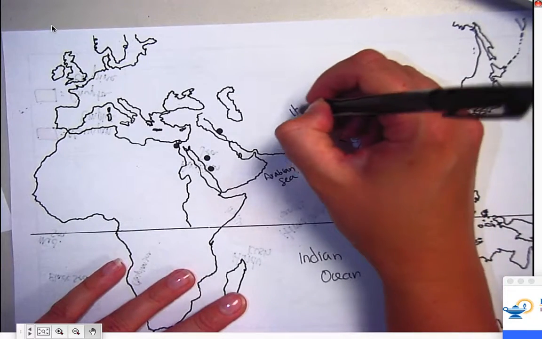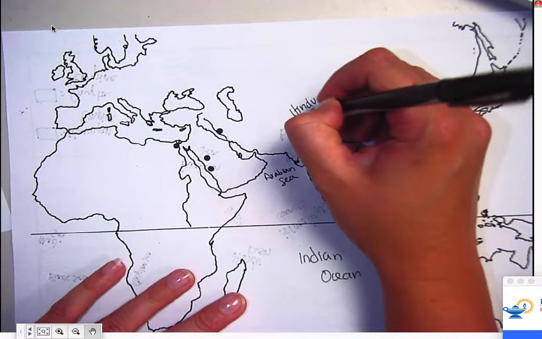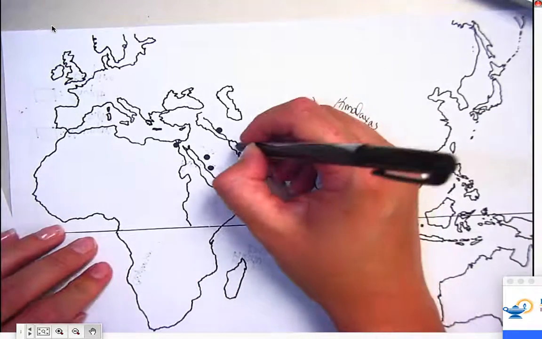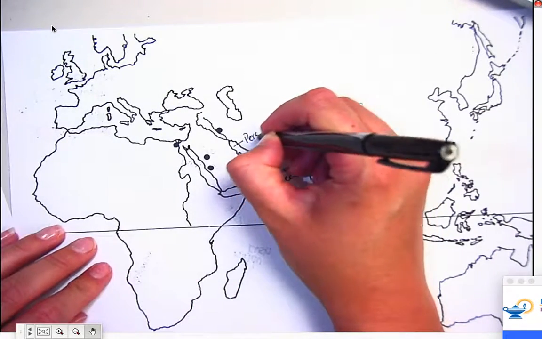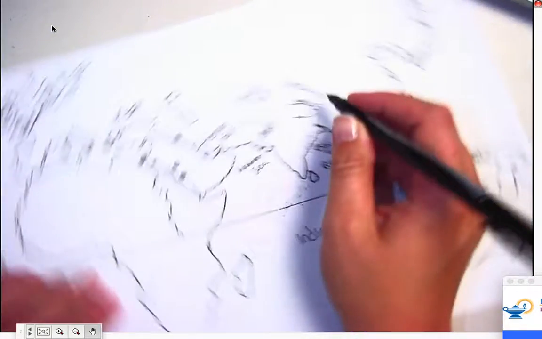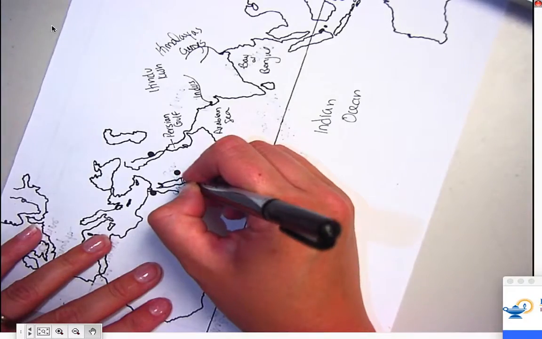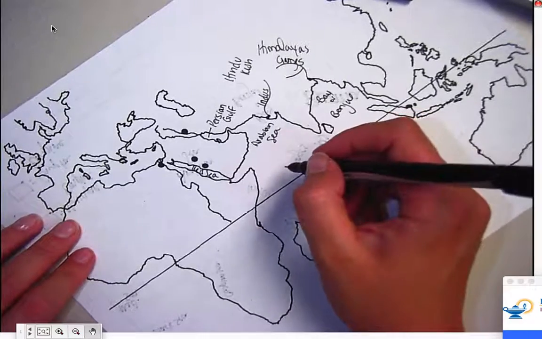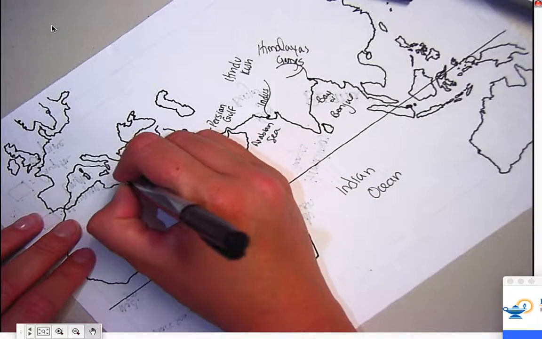Here's your Hindu Kush. Right here you have the Persian Gulf. Here's your Red Sea. And here's your Med Sea.